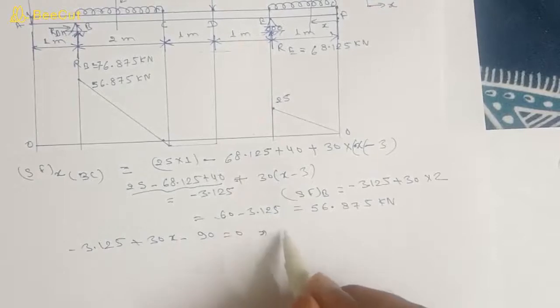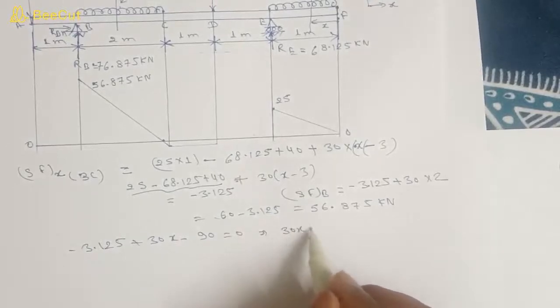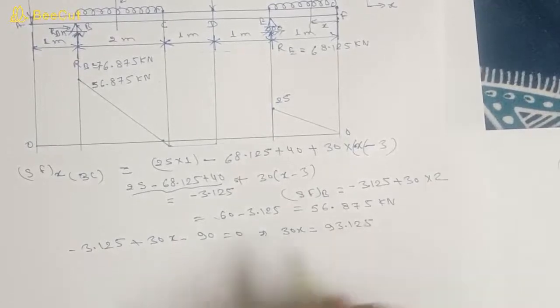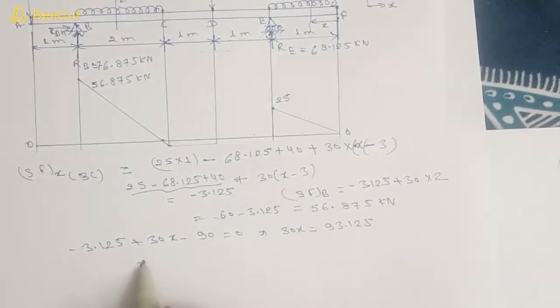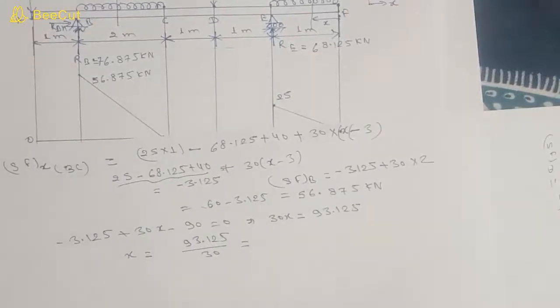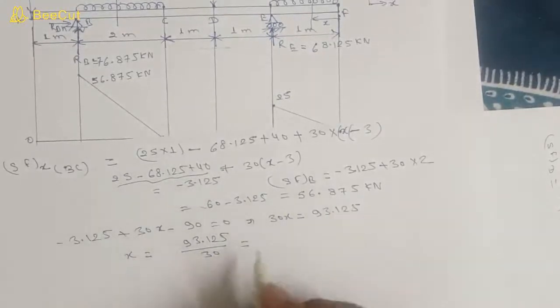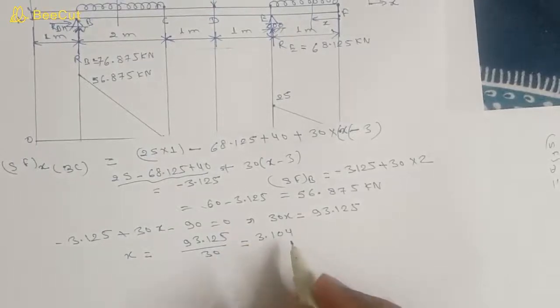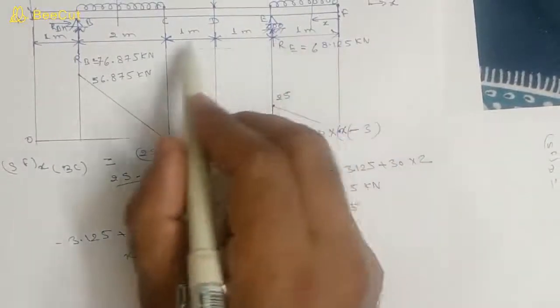So we will get 30x is equal to 93.125. So x is equal to 93.125 divided by 30. So we will get x is equal to 3.104. So this distance is from here.